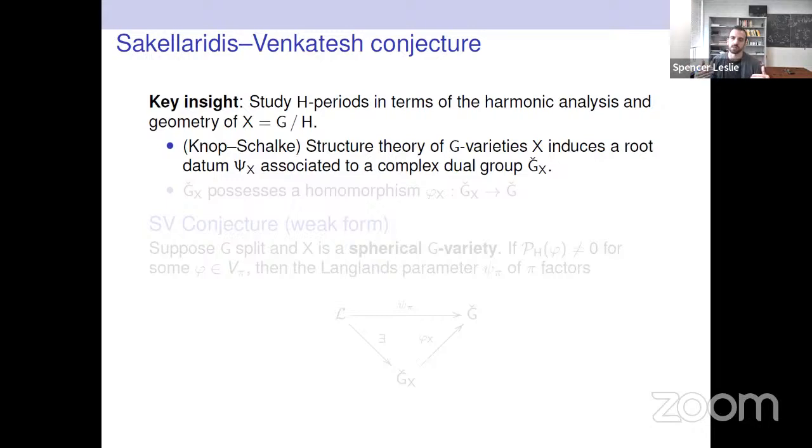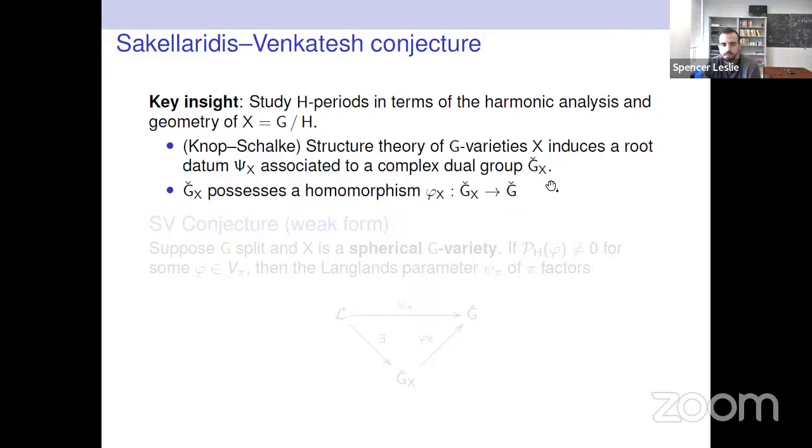If you recall from prior talks in this lecture series, the dual group of G is determined by taking the root datum of G and then dualizing it. And what happens when we look at a G-variety X is that there is an additional root datum. What Knop and Schalke do is figure out how to appropriately normalize that root datum so that it can also be dualized to get a complex group, which I'll call G check X. And moreover, that dual group possesses a homomorphism to the dual group of G.